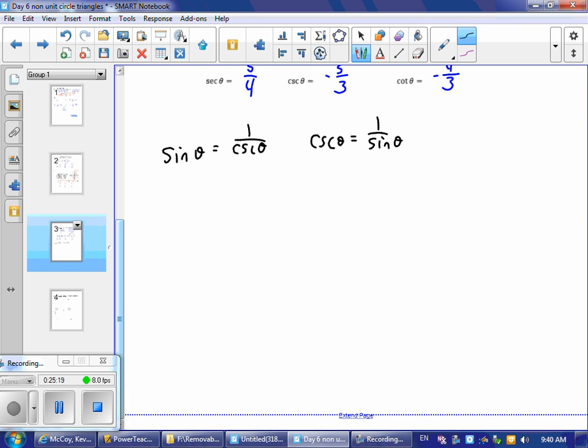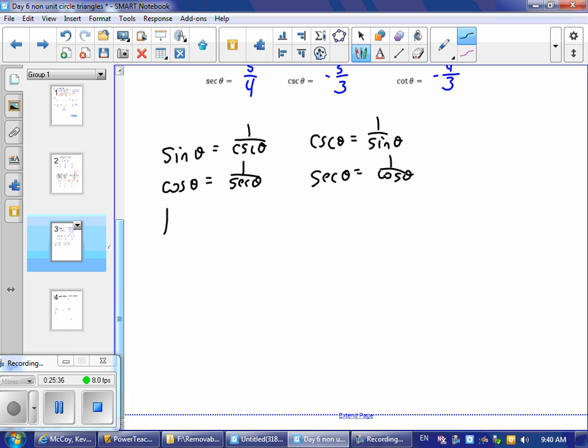So, likewise, cosine is the reciprocal of secant, and secant is the reciprocal of cosine.